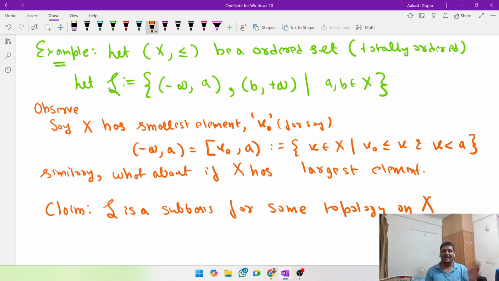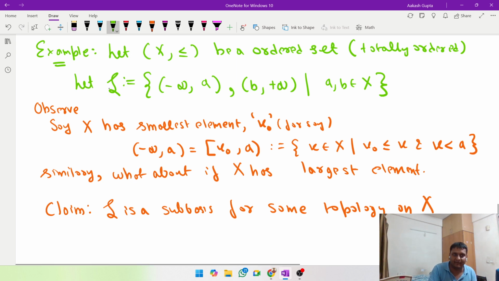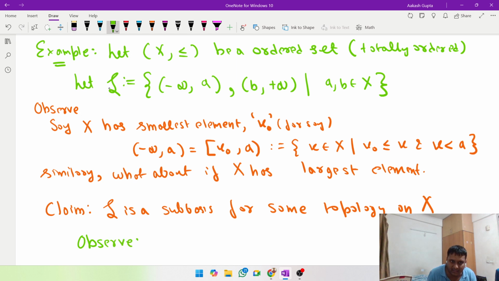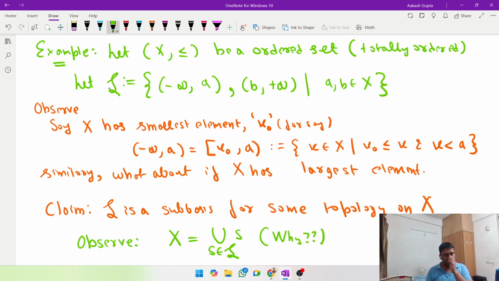So from the above remark, it is sufficient to show that X is the union of the members of script S. Observe that it is very clear that X is the union of S in script S. Think about it.